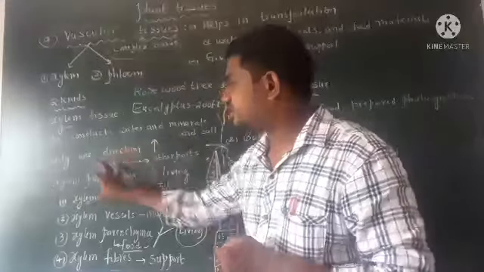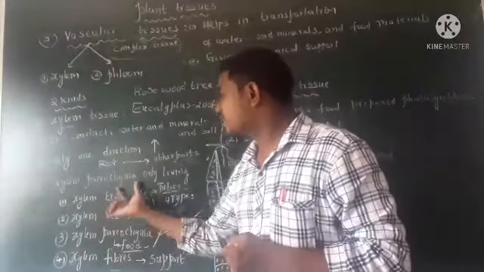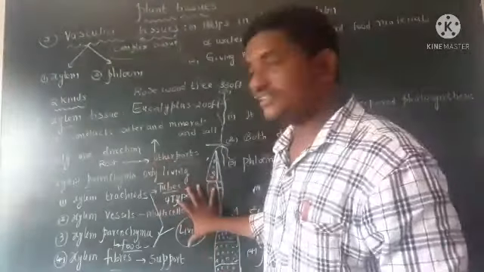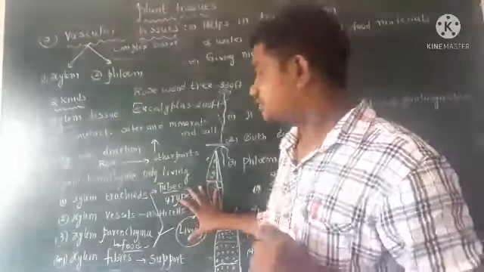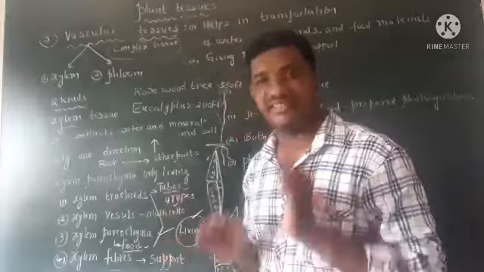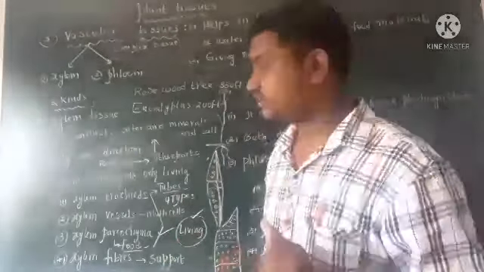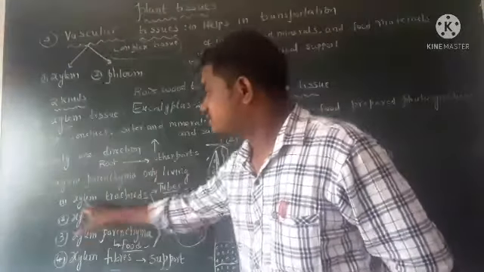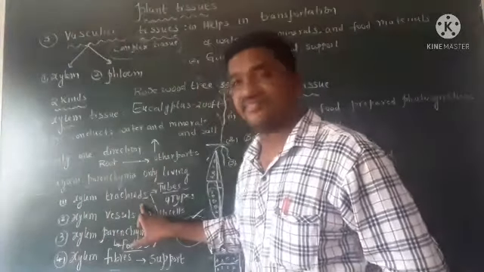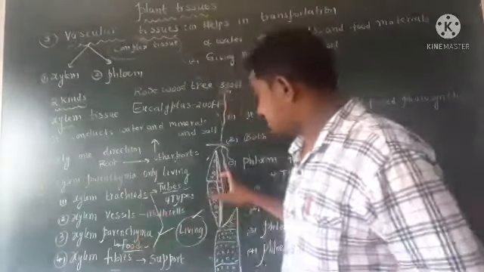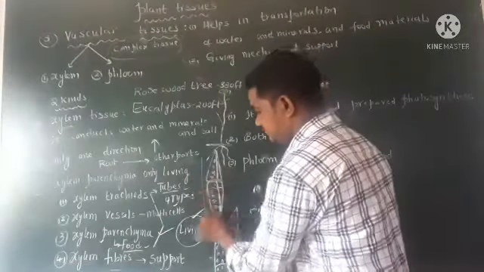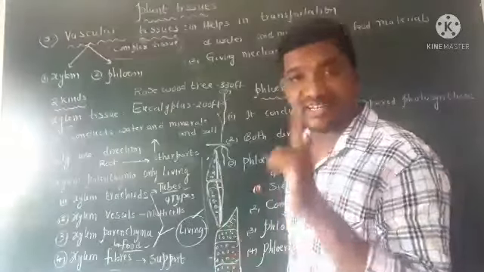Okay, coming to the next point. Xylem parenchyma is the only living one. See, xylem tissue consists of four kinds of cells. First one, xylem tracheids. See, this is a xylem tracheid.